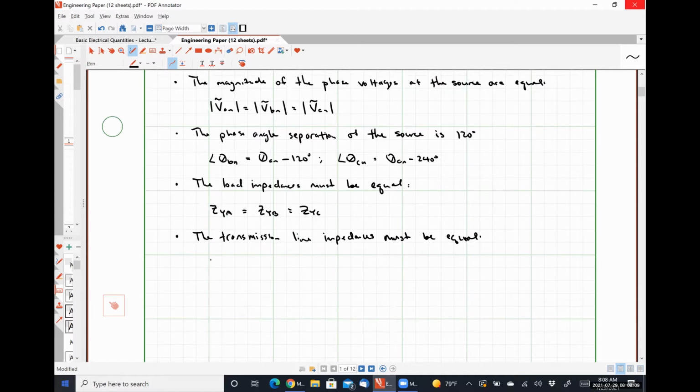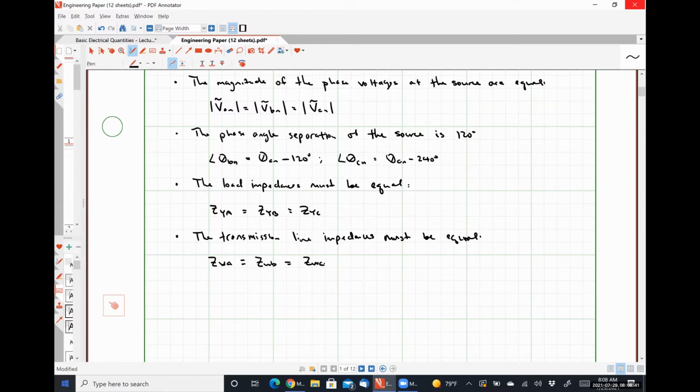So ZWA needs to be equal to ZWB, which needs to be equal to ZWC. So I want to point out something here. There's a fourth transmission line, the neutral, which has an impedance of ZN. That neutral impedance does not have to match the other transmission line impedances. We'll see why shortly.